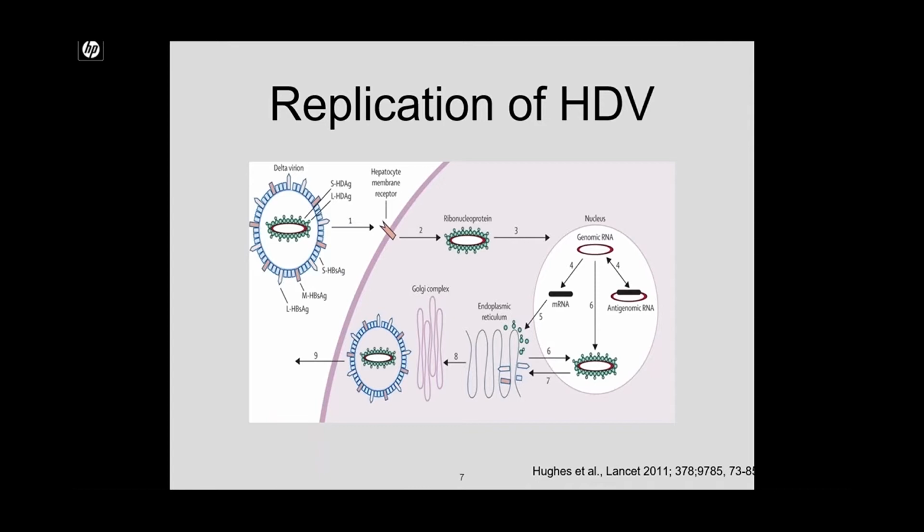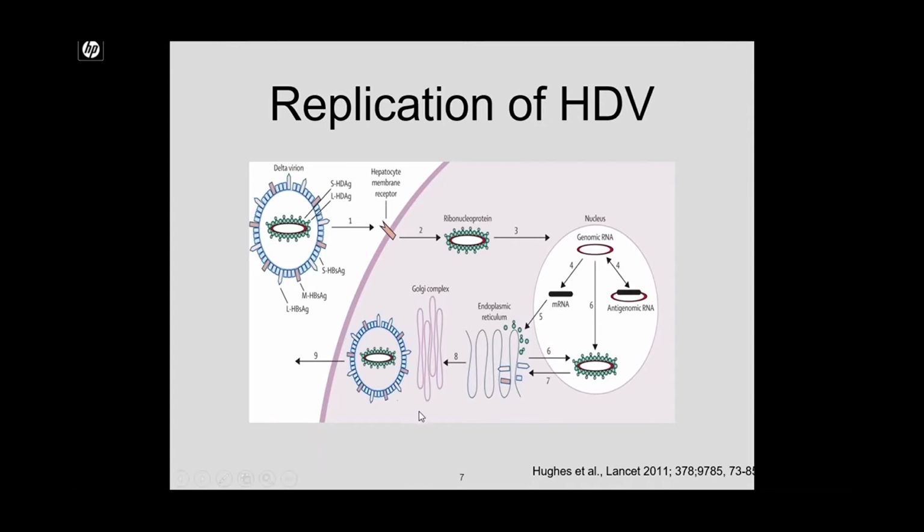This process continues vice versa, replenishing the stores of the genomic RNA, and the genomic RNA leads to messenger RNA, and further translation will occur with formation of the proteins. Ribonucleoprotein formation can also occur, leading to translation into the different proteins.